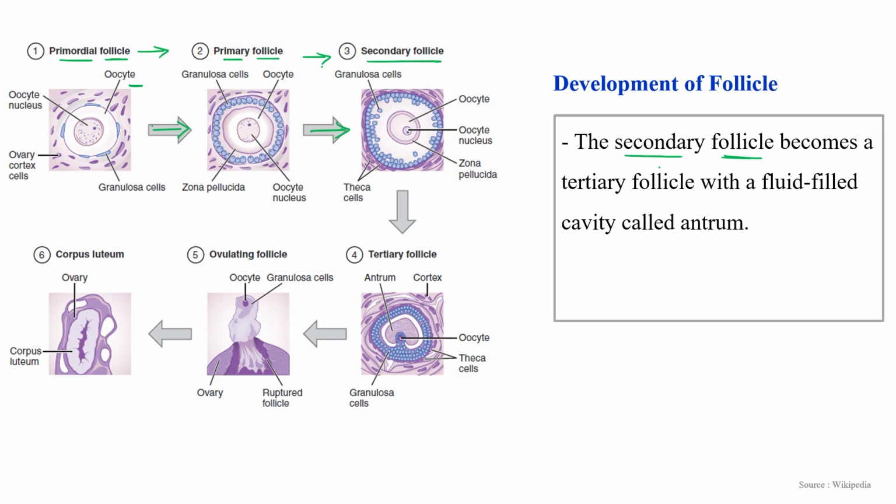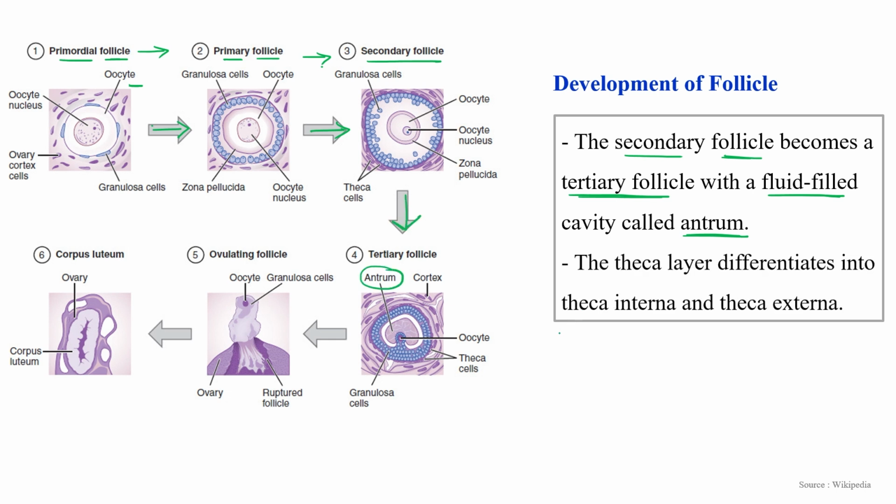And from secondary follicle to tertiary follicle with a fluid-filled cavity. We use the term antrum for this cavity, which is present in the tertiary follicle. There is a theca layer, which differentiates into two different layers, theca interna and theca externa. These are the theca cells.